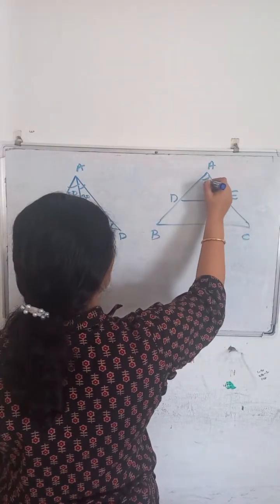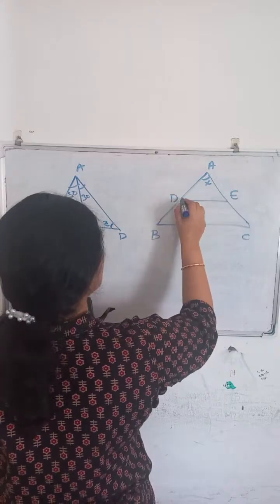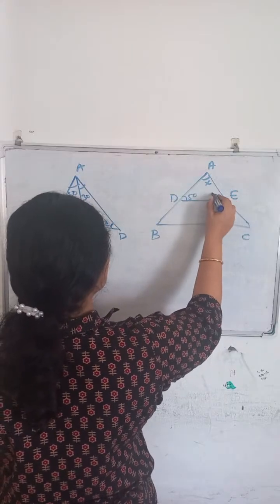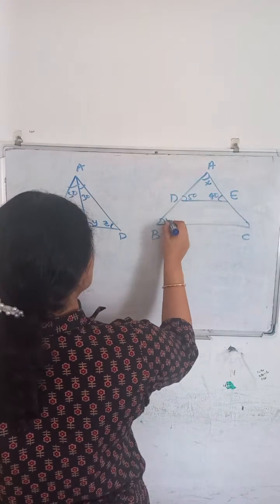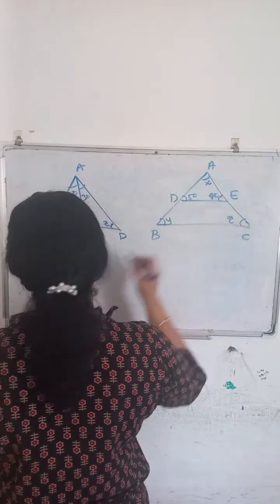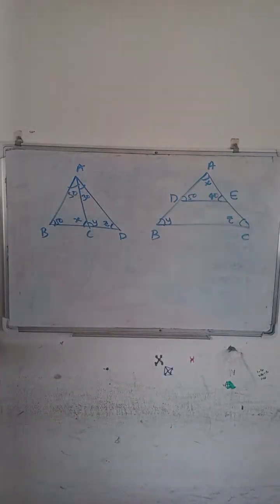This is A, X. This is 50. This is 40. This is Y and this is Z. I am waiting for your reply. Okay, solve. I will give you 2 minutes.